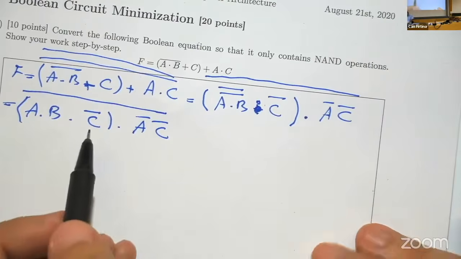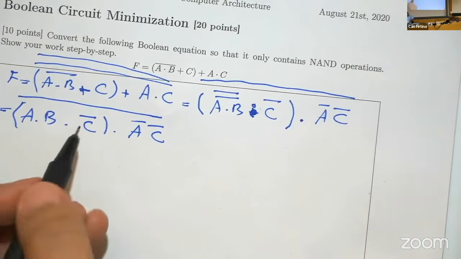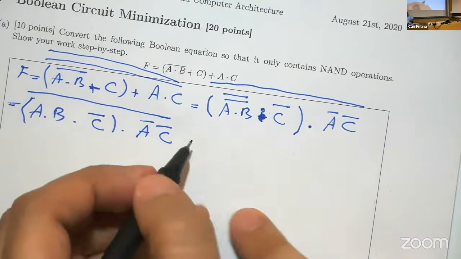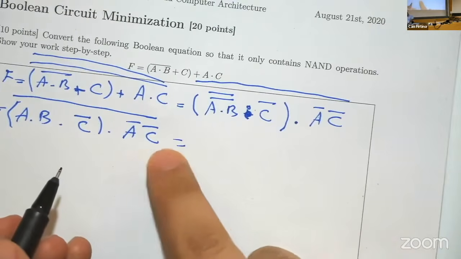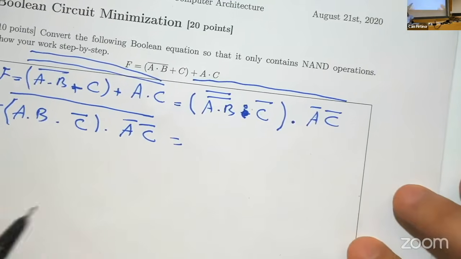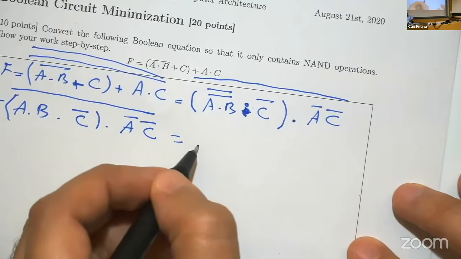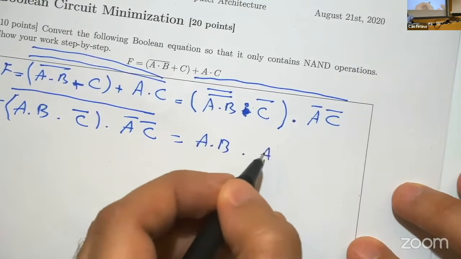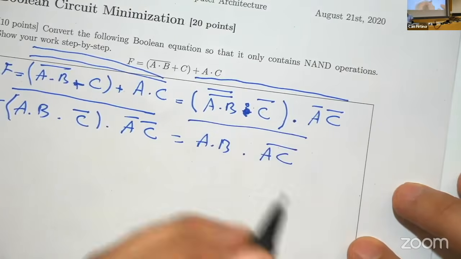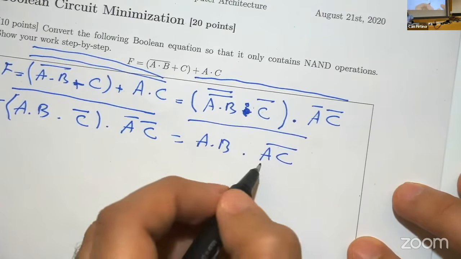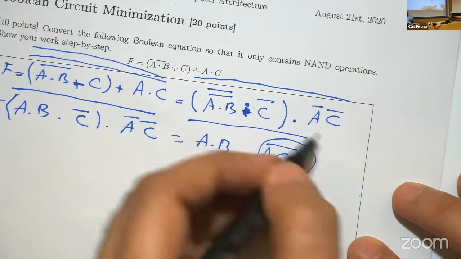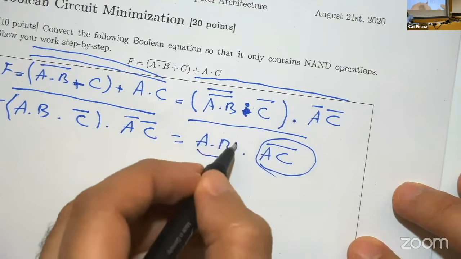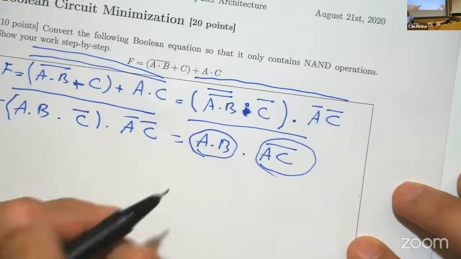So we can actually rewrite this part, which is C bar A bar C bar, and then we don't need to write C bar. So we reach AB dot AC bar bar. And now we can see that here we have a NAND operation. The overall is a NAND operation, but this one needs to be a NAND operation too.